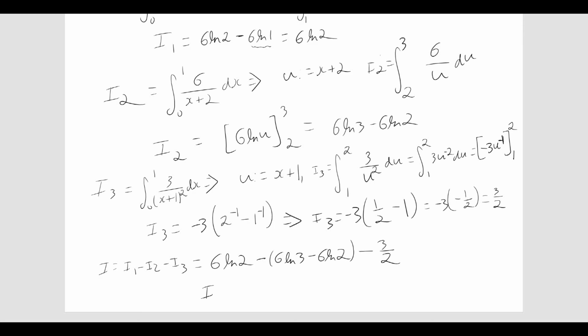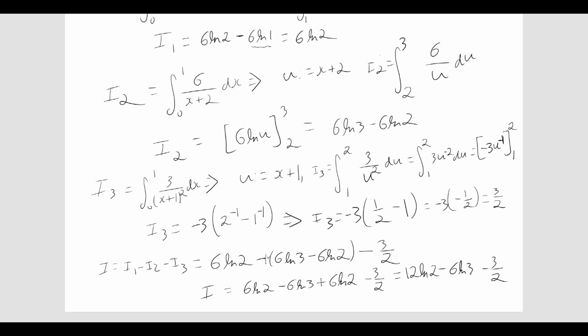And that leaves me with 6 log 2 take away 6 log 3 minus 1 essentially times minus 6 log 2 is plus 6 log 2. And then I have a minus 3 over 2 on the end. 6 log 2 plus 6 log 2 is 12 log 2. So I have 12 log 2, take away 6 log 3, take away 1.5.